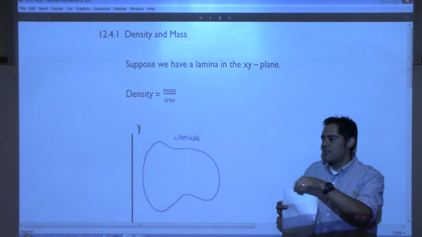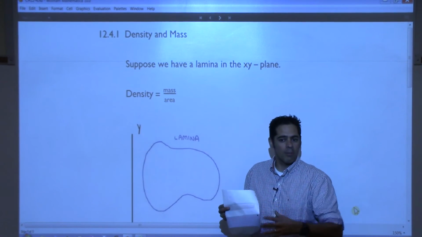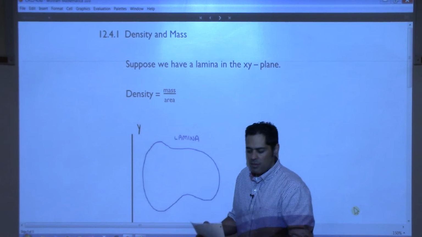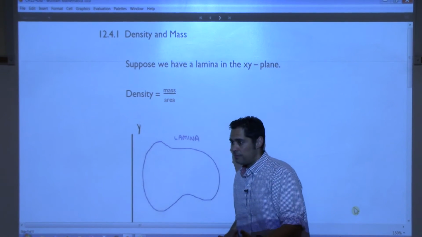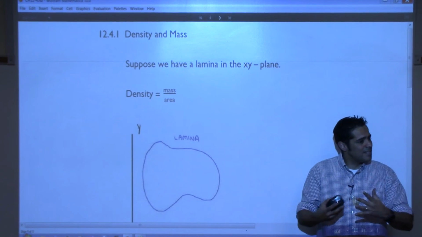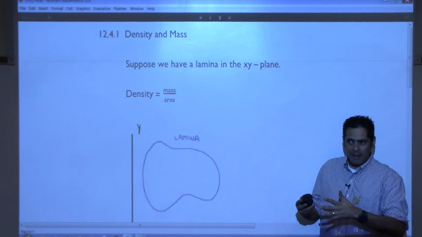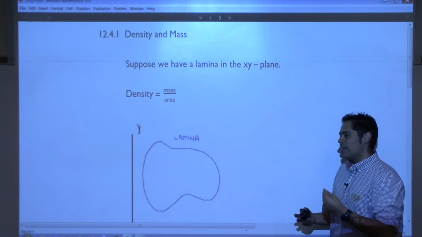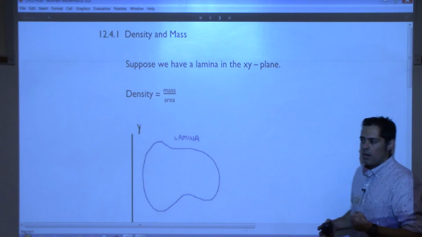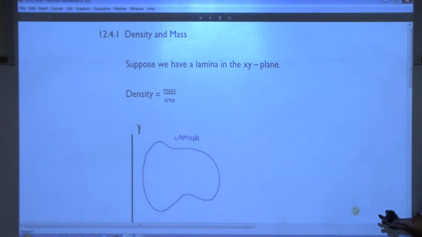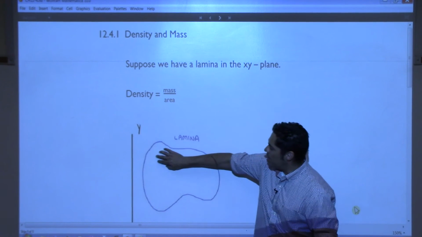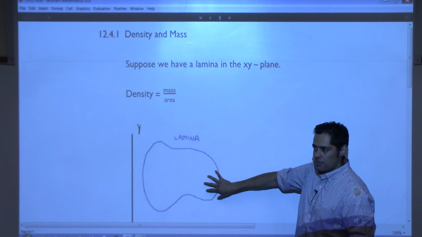Because we're assuming the density of the paper is the same throughout, uniform, homogeneous. And then you have laminas that are non-homogeneous, where the density varies throughout the lamina. And that's what we're interested in. What if you have a more complicated lamina where as you look through it, its density changes?